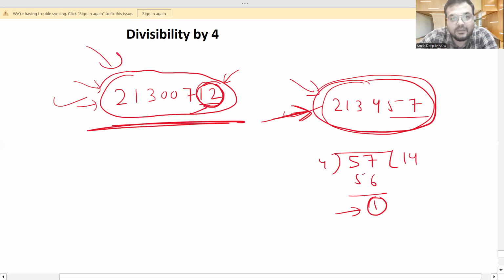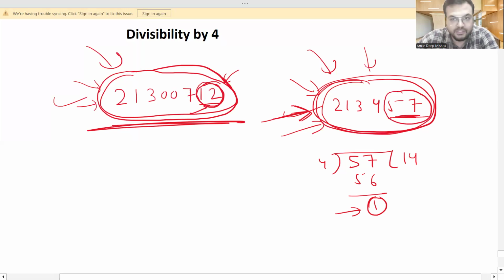Hence, this entire number is also divisible by 4. Similarly, here in this number, I'm asking you to find out the remainder if you divide this number. So instead of dividing this entire number, you just divide only this 57 by 4. So 57 by 4, remainder is 1. Okay, the same remainder will be there if you divide this entire number by 4. I hope this point is clear.